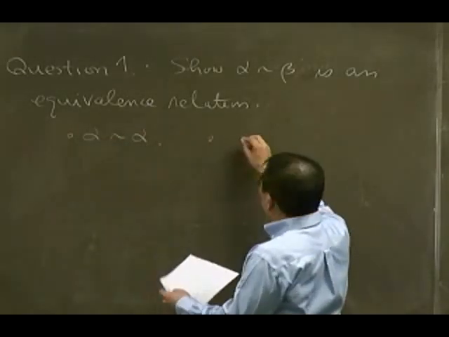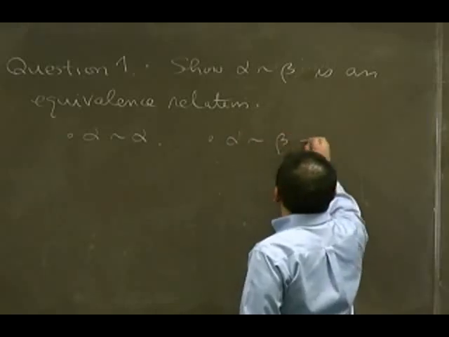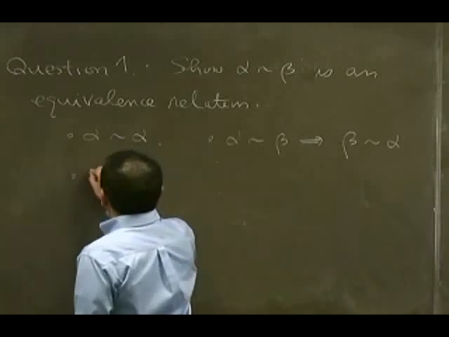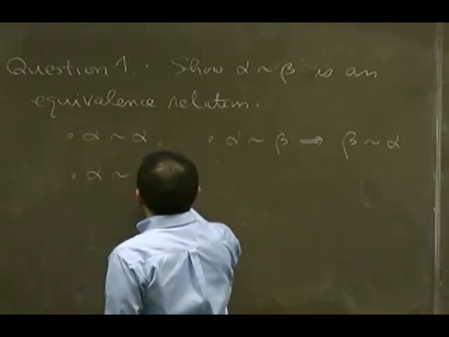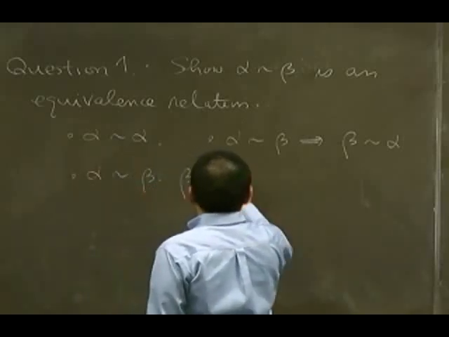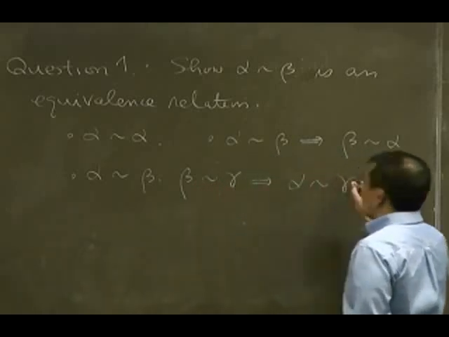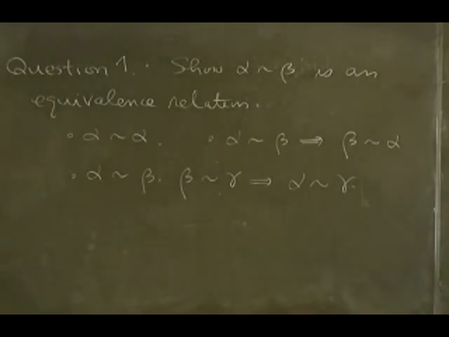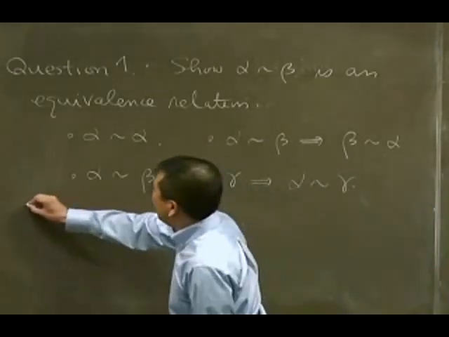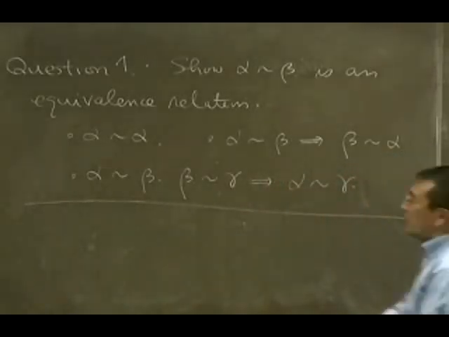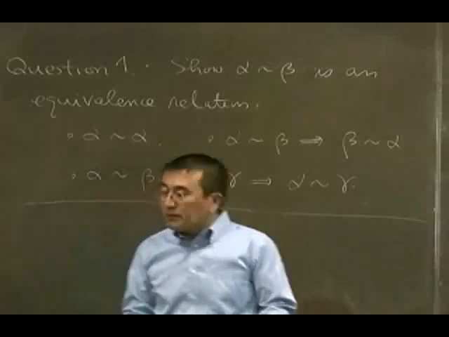The second property is that if alpha is equivalent to beta, then beta is equivalent to alpha. And the third property is that if alpha is equivalent to beta, and if beta is equivalent to gamma, then it implies that alpha is equivalent to gamma. It's fairly obvious how to do that, but it's a useful exercise to actually show that step by step using this definition.